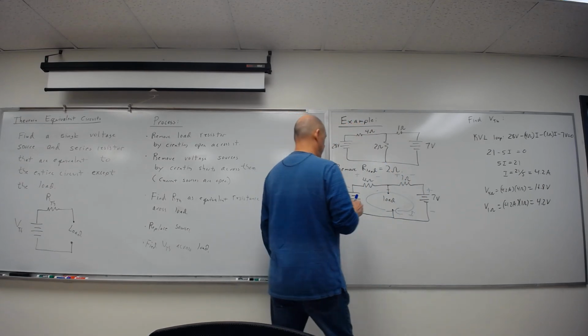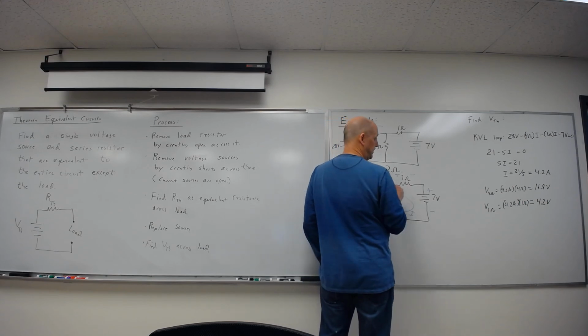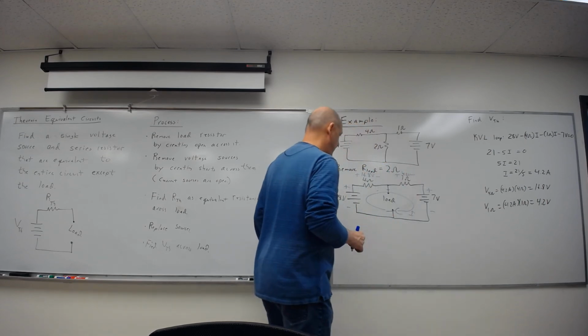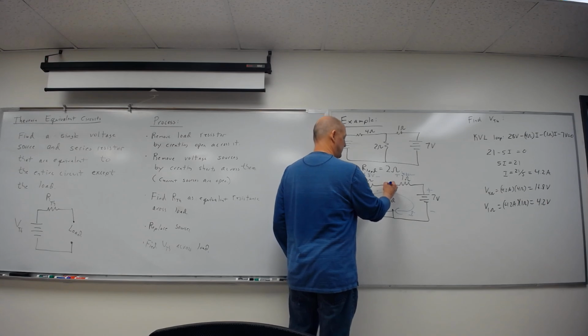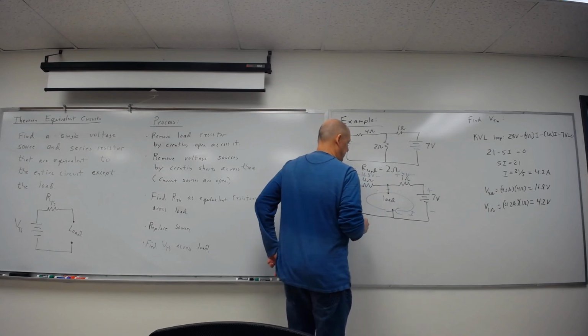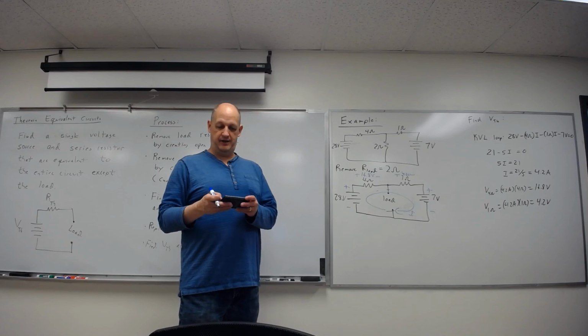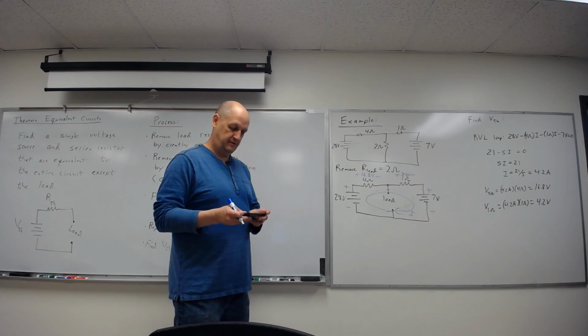So I end up with 16.8 volts, 4.2 volts. So at this point, I've taken 28 volts and dropped 16.8. So 28 minus 16.8.